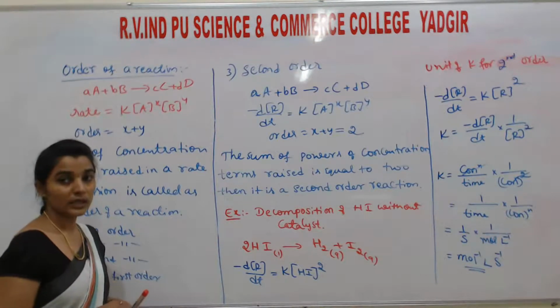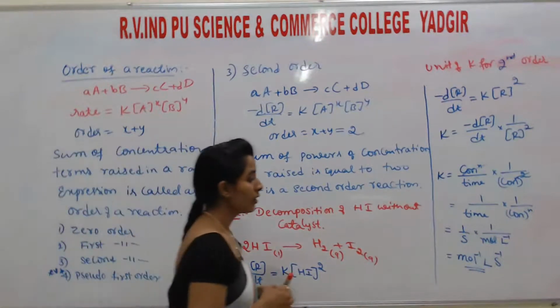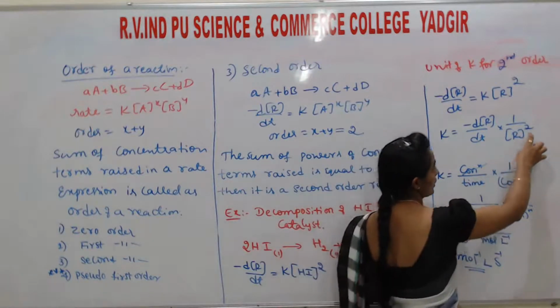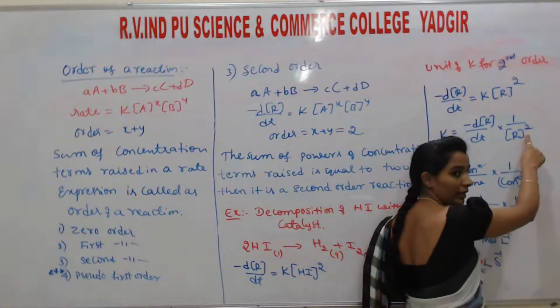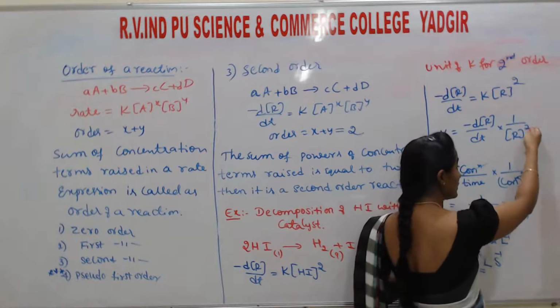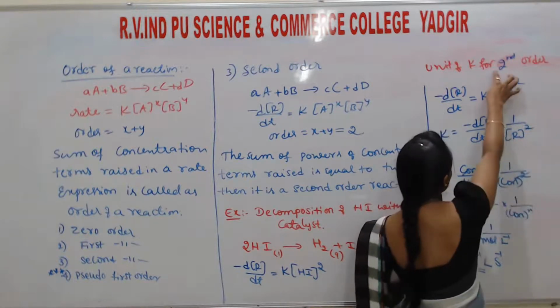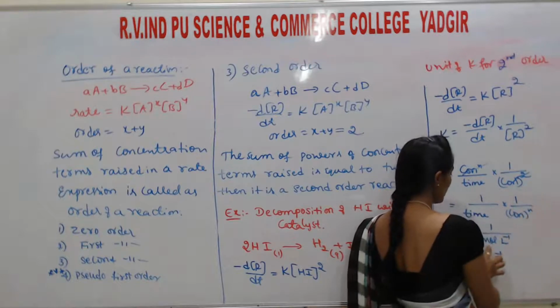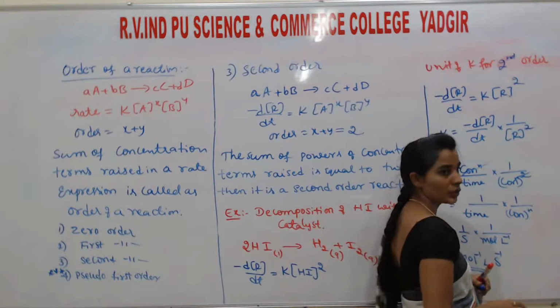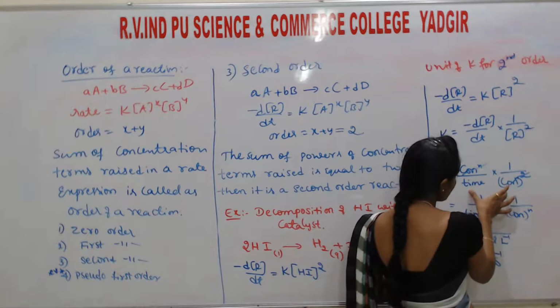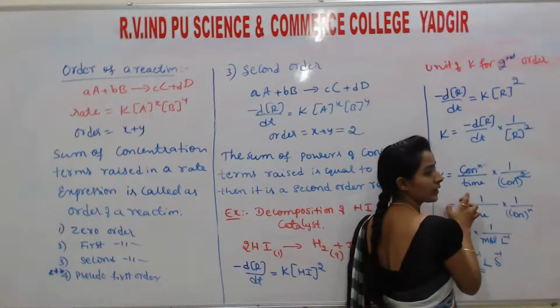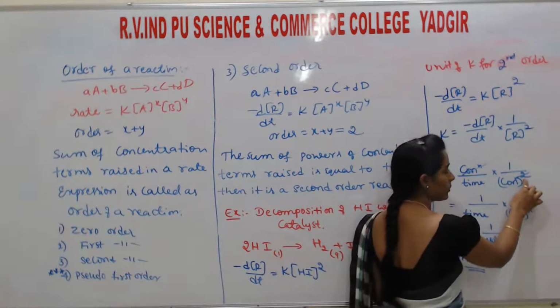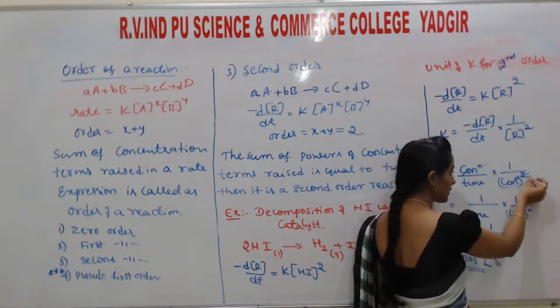Understand? So you may calculate it for so many orders. You may calculate it for n also. You may calculate it for 3. So third order means here it is 3, here 3, it becomes square, then you can check. Okay? So you consider this is the unit for a rate constant. If it is a zero order, you keep 0 here. If it is a first order, keep 1 here.